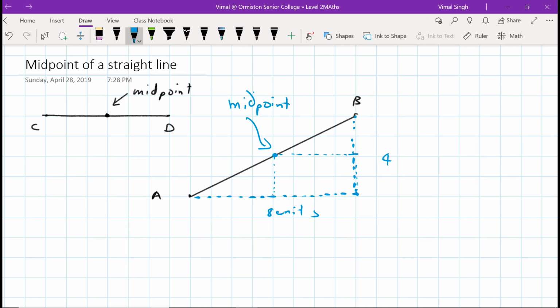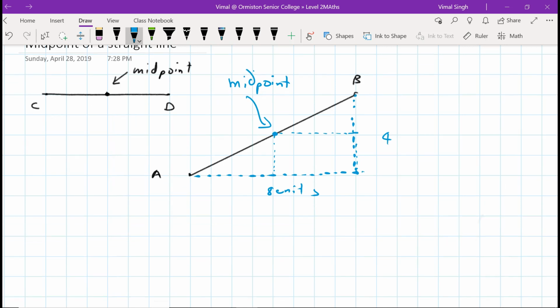So you will now say to me that to work out the midpoint of this particular line AB, it is going to be for the x values, whatever the x values are, halfway for the x values if we add the x values together. And if we look at the y values over here, it is the halfway from there.